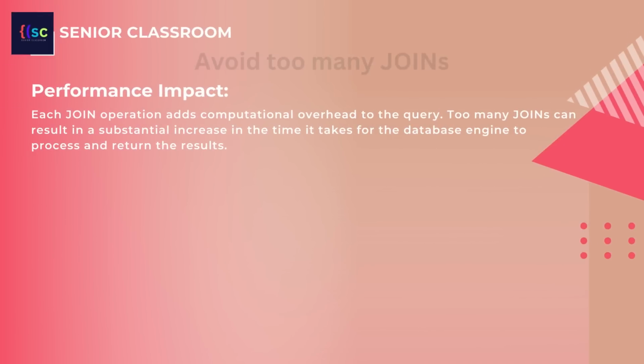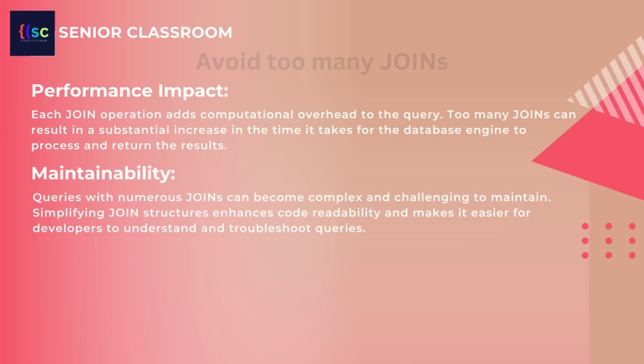Key considerations are performance impact. Each join operation adds computational overhead to the query. Too many joins can result in a substantial increase in the time it takes for the database engine to process and return the results. Maintainability. Queries with numerous joins can become complex and challenging to maintain.